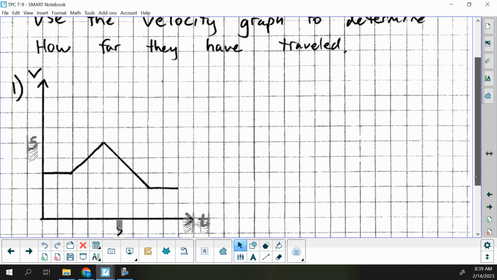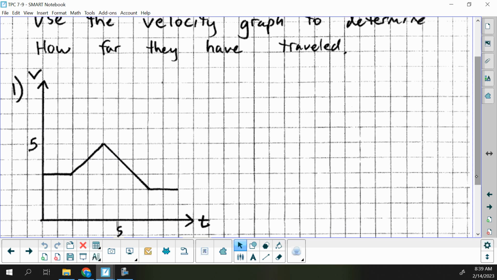Based on what we've seen in class, if we want to know somebody's position from their velocity graph, we want to find the area under the velocity graph.